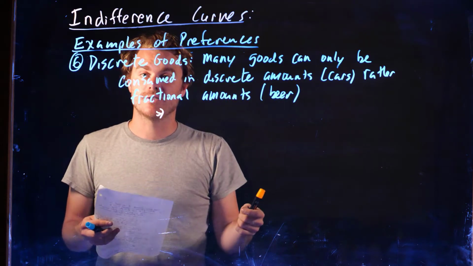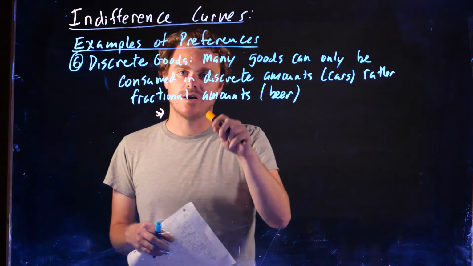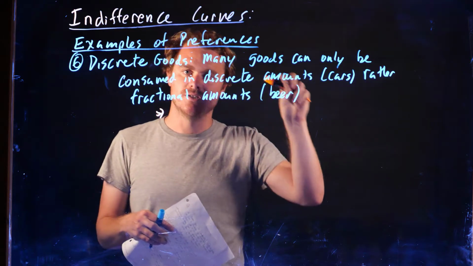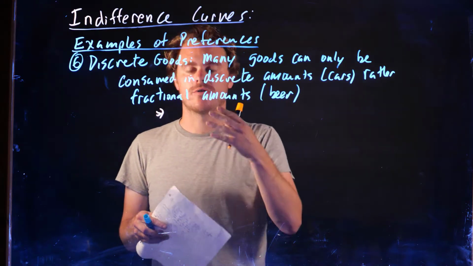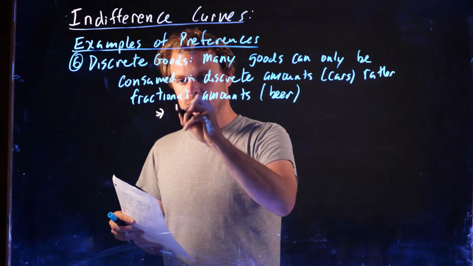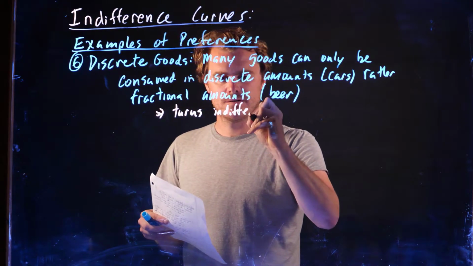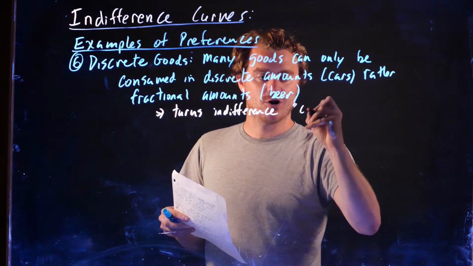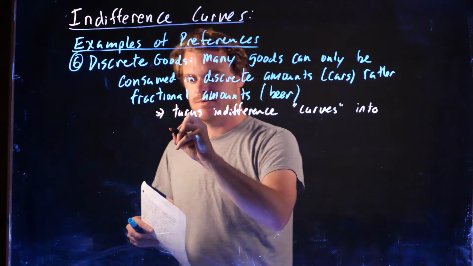If you're talking about cars, if you couldn't purchase or consume a fraction of a car, you'd have 1, 2, 3. They'd be at discrete points rather than this nice curve that's happening. That turns indifference, quote unquote, curves into a series of points.